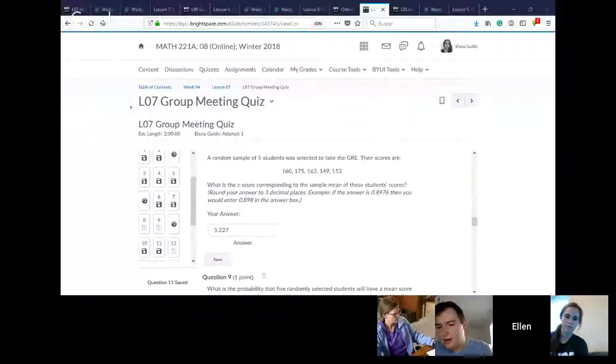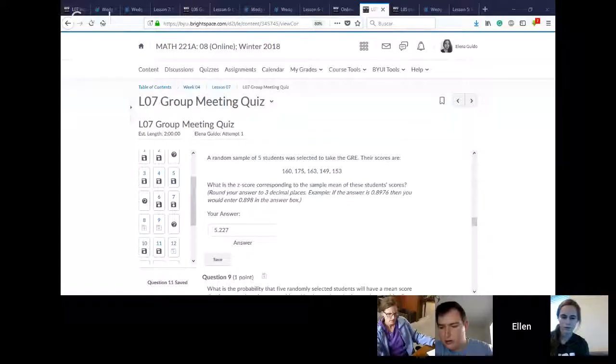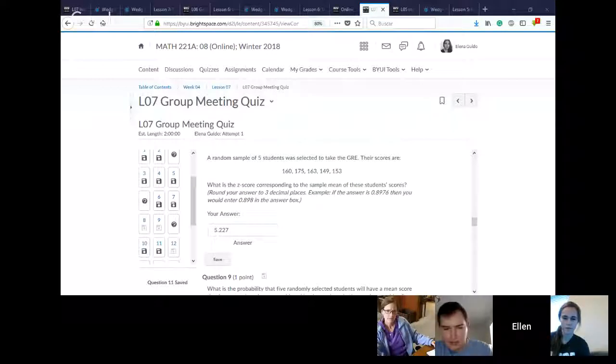Do you know how to calculate the sample mean, Ellen? I think with Excel, like the first exercises we did, right? Yep, you add all 5 of those numbers up and divide by 5, and that's your sample mean. Okay, thank you. And then n equals the number of samples, which is 5. Yep, exactly.